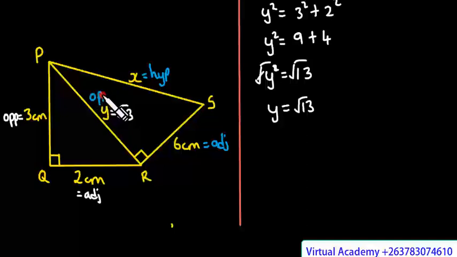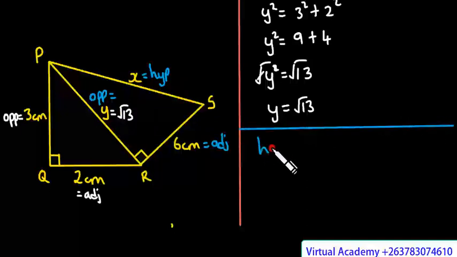So take note here, on this triangle it was the hypotenuse, but on the other triangle it's no longer the hypotenuse, but rather the opposite. So we write our Pythagoras theorem. It simply states that the hypotenuse squared is equal to opposite squared plus adjacent squared.